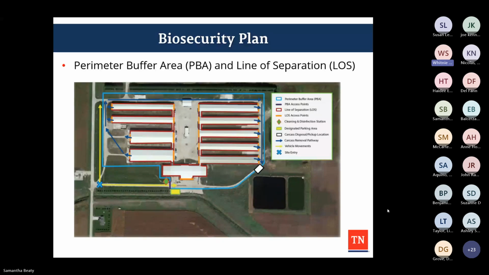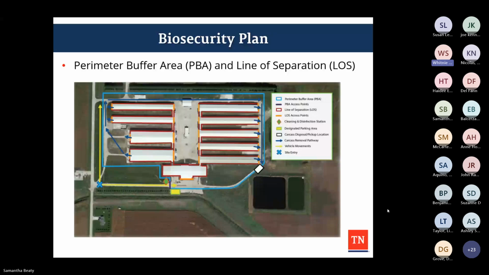And then the line of separation, which on this map is designated, you can see they've designated each barn to be its own little containment facility. And then the orange line is that access point getting into the line of separation. I think of this as that direct line between the outside world and the inside world, and whatever you're putting in that line of separation is its own containment unit.